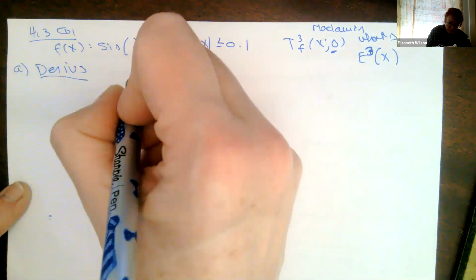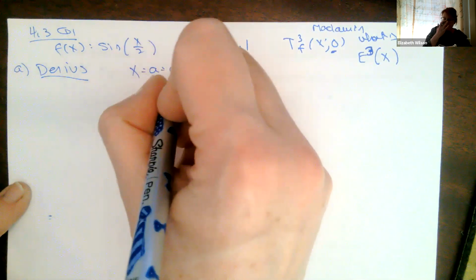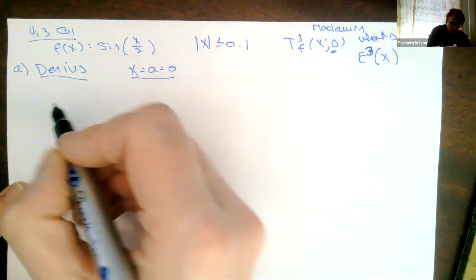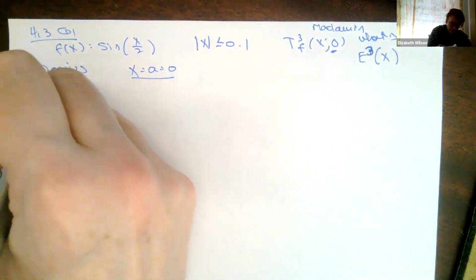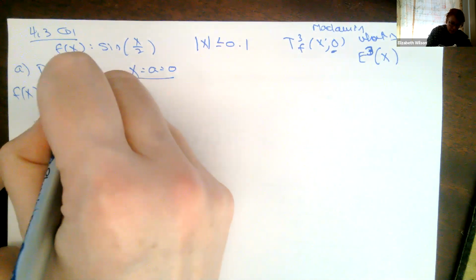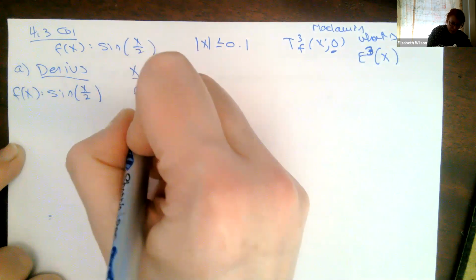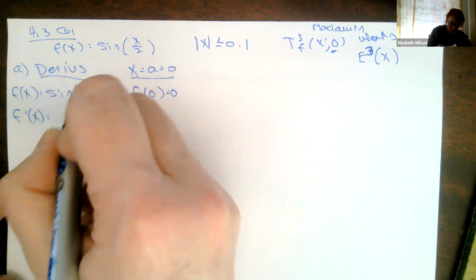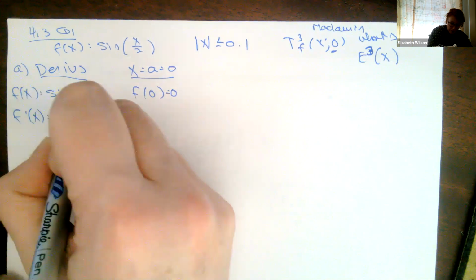I'm going to go quick on it because we don't really need this part, they're just asking about the error. So our f of 0 equals 0. When I take the derivative with the chain rule, I've got a 1/2 that accumulates.